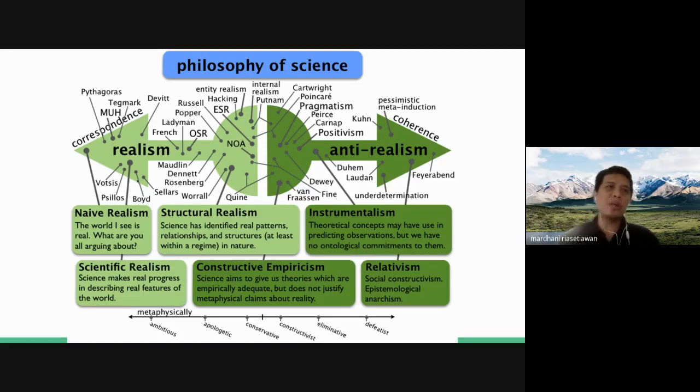It's normal. Actually, we have at least six paradigms when we look at realism and anti-realism. Maybe the first question is, what are realism and anti-realism? Here, realism says that when we discuss the philosophy of science itself, science is real.